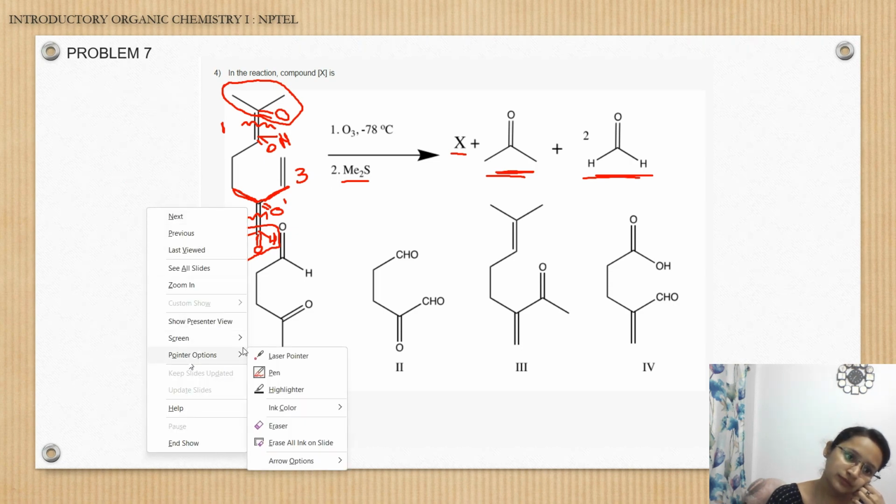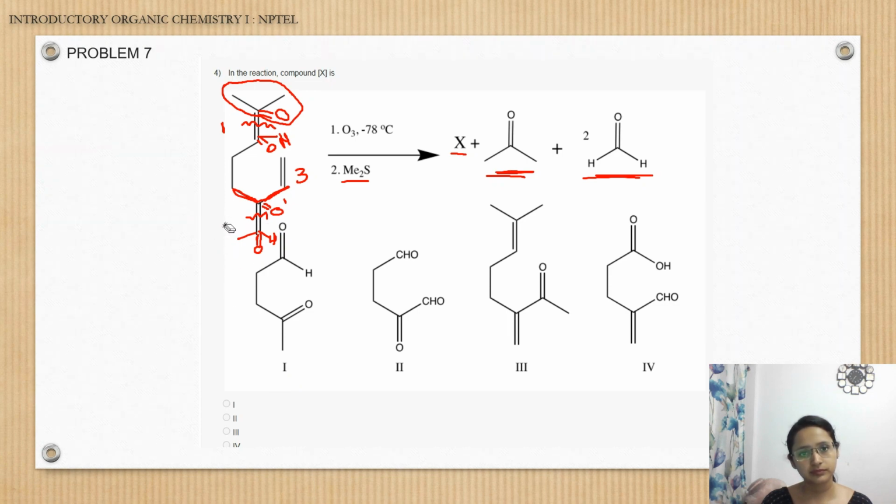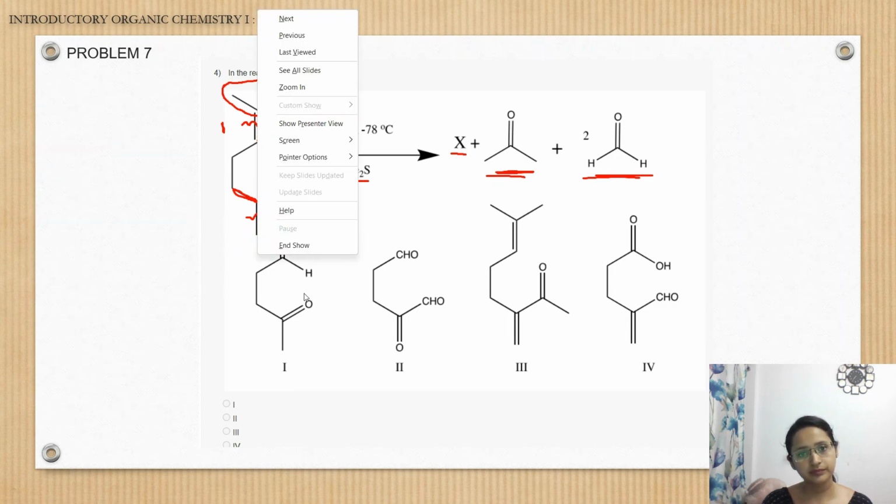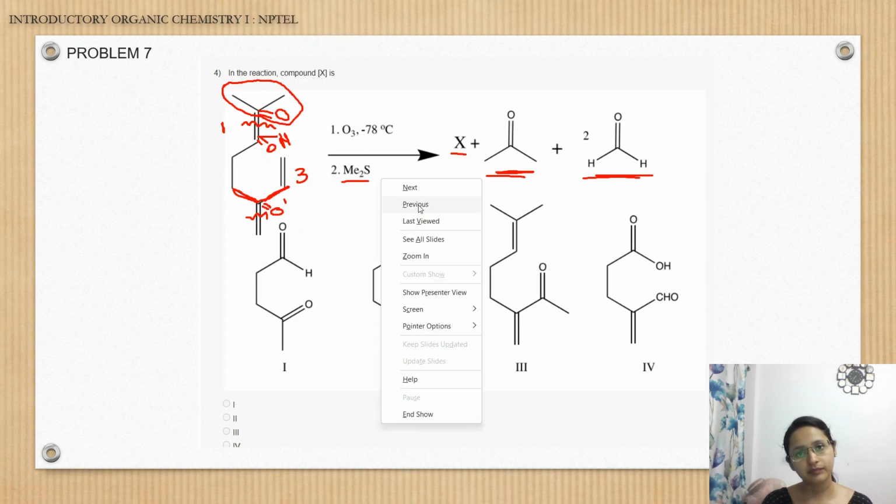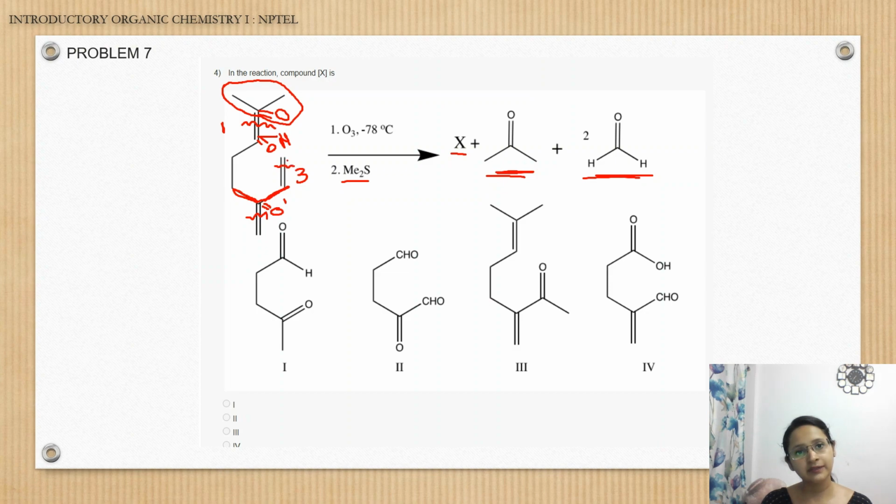Now coming to this 3. Now if it is getting cleaved, again you have two hydrogens over there. So now you will again find a formaldehyde moiety here, and this is also a ketone.